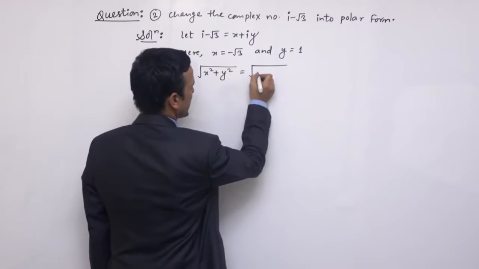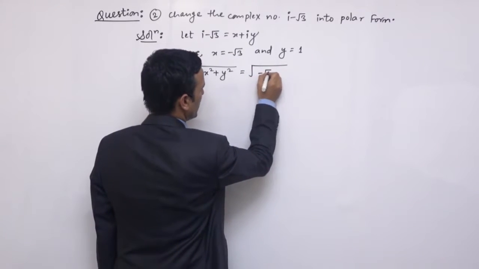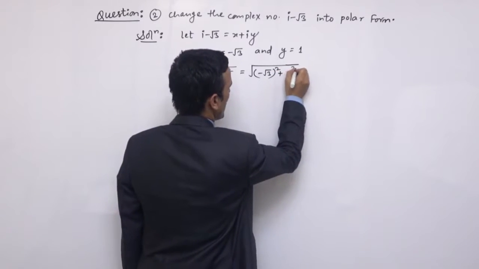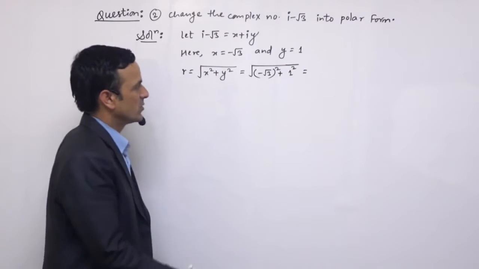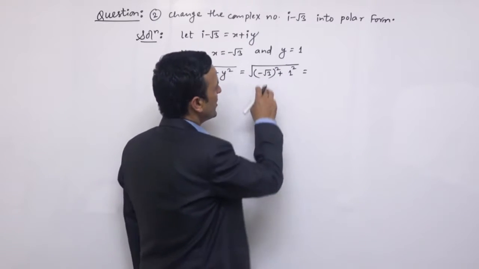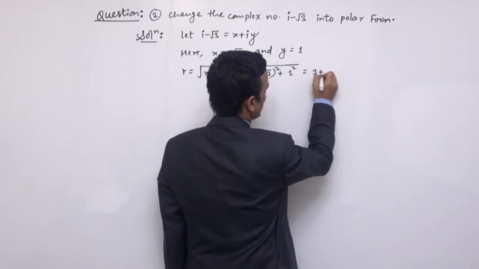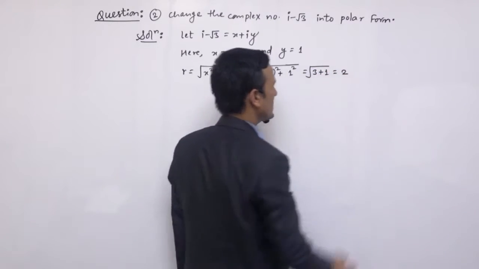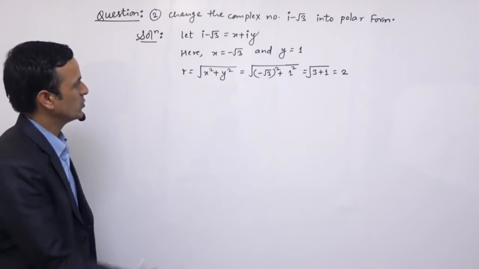The value of x is minus √3 whole square and value of y is 1 square. So if we solve it, then we get minus square means it is positive. √3 square means it is 3. So 3 plus 1 means 4 and the square root of 4 is 2.